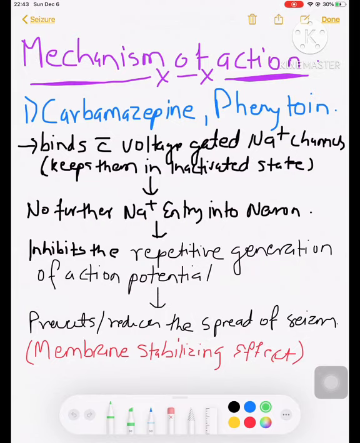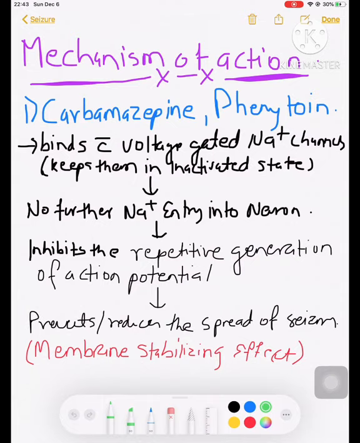What these two drugs do is bind with the voltage gated sodium channels in the neuron, and they keep the sodium channels in the inactivated state. What are the three states of the sodium channels?